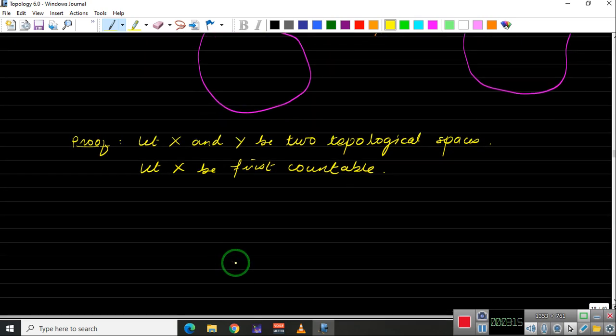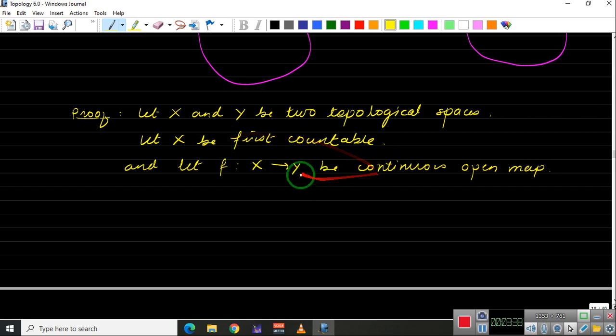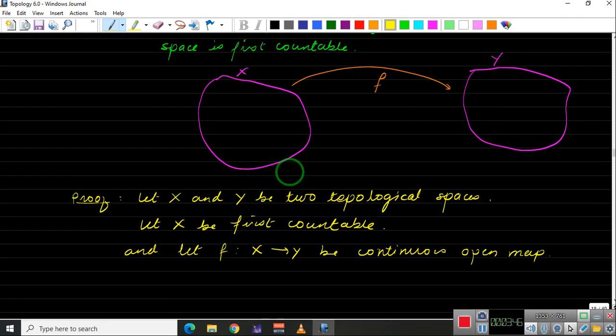Let us take the function as well: let f from X to Y be a continuous open map. Open map means it will take an open set in the domain to an open set in the codomain. So let us show that f(X), the continuous image of the domain, is first countable.